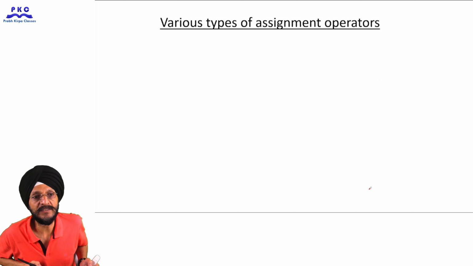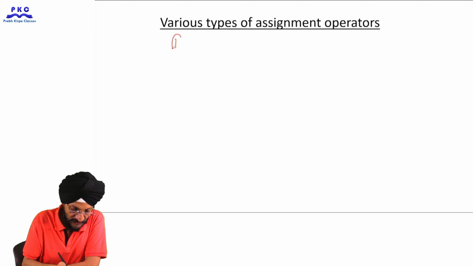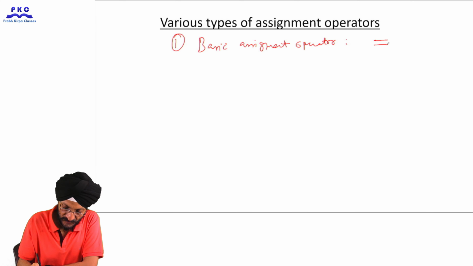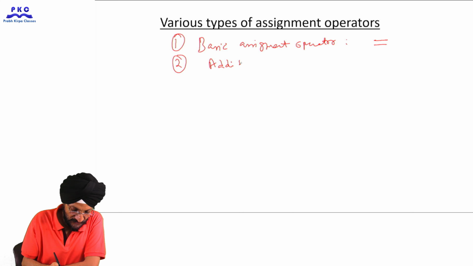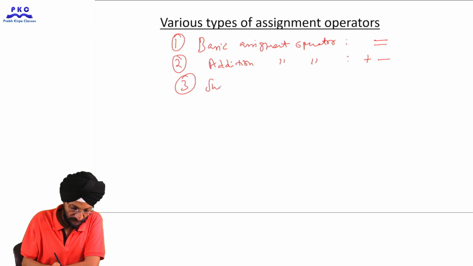Now we will discuss the various types of assignment operators. The various types of assignment operators are: basic assignment operator, equal to; addition assignment operator; subtraction assignment operator.